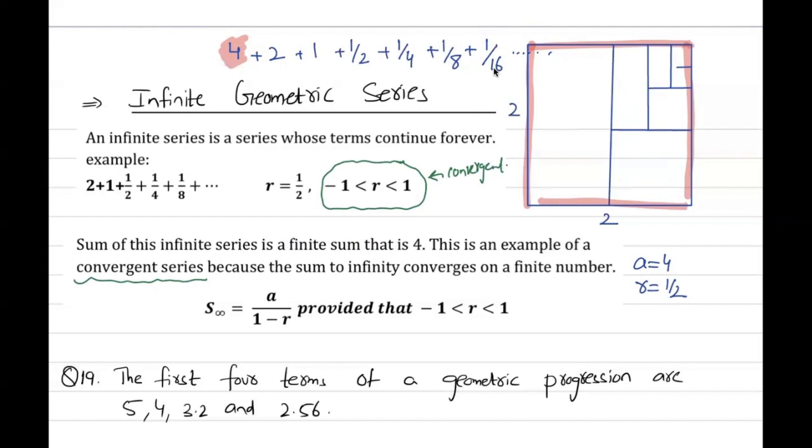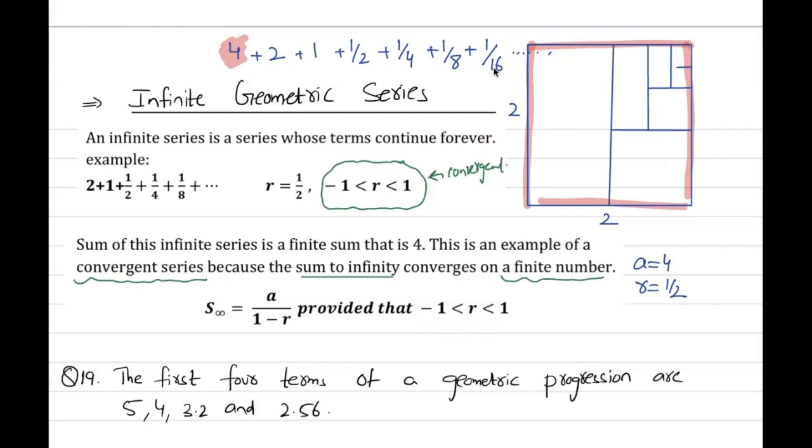That value is called the sum to infinity, and it converges to a finite number. The sum to infinity of a geometric series is calculated by the formula a upon 1 minus r, provided that the common ratio is between -1 and 1.